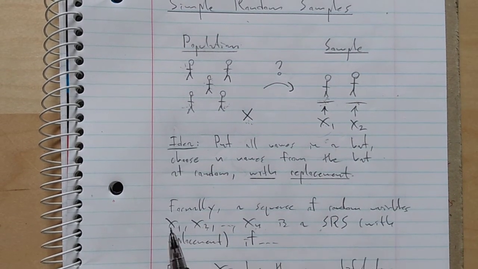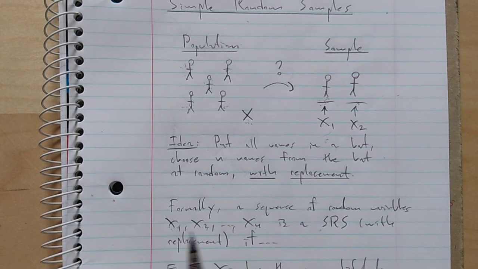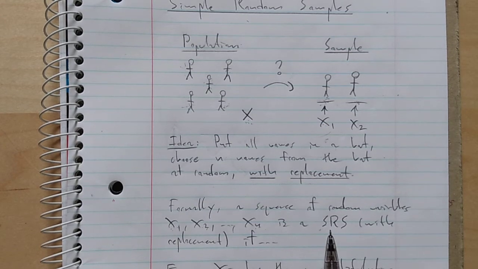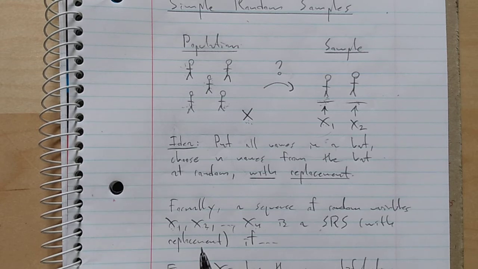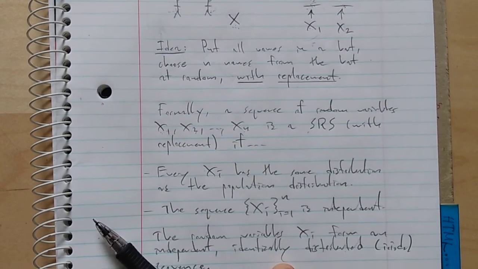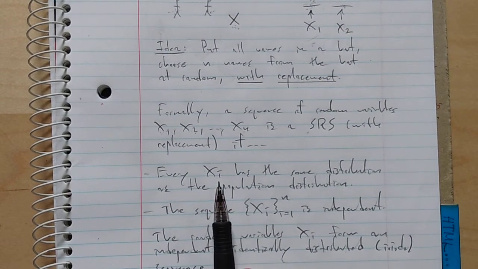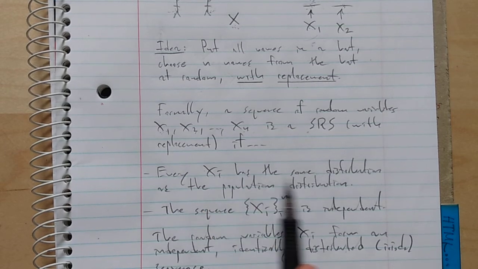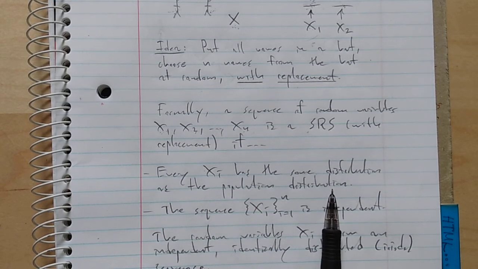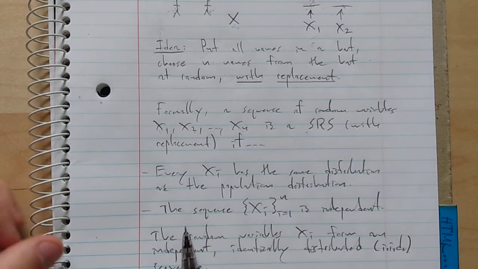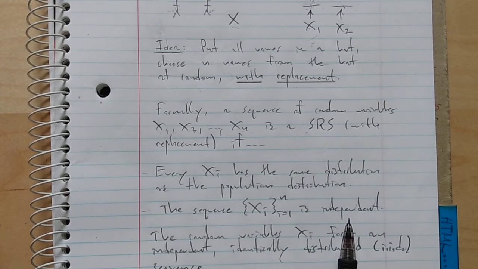So a sequence of random variables X1, X2, up to Xn, which represent the values of the people in my sample, is a simple random sample, usually abbreviated SRS because it takes too long to write, with replacement if each of these random variables has the same distribution as the population, and the sequence of random variables is independent.